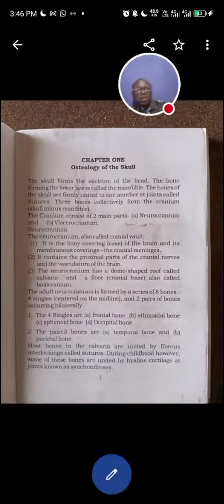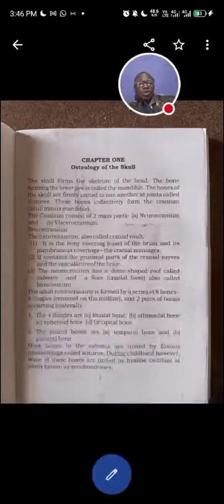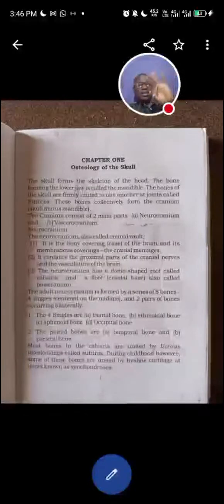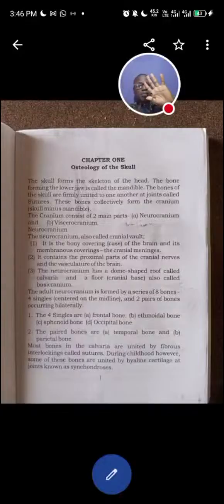We said the neurocranium is also called the cranial vault, and in adults it is made up of 8 bones, that is 3 plus 5.